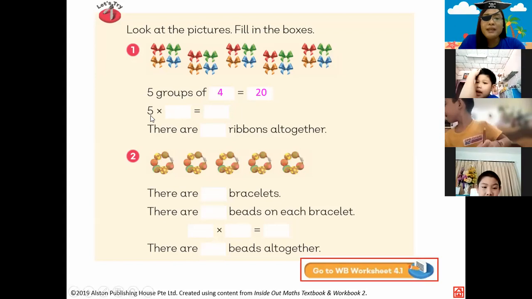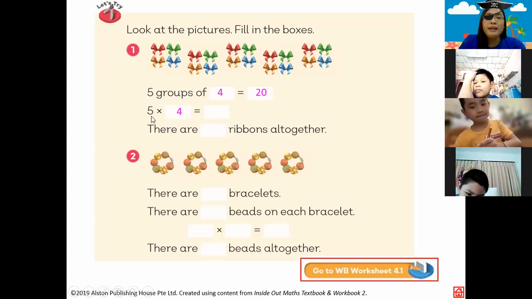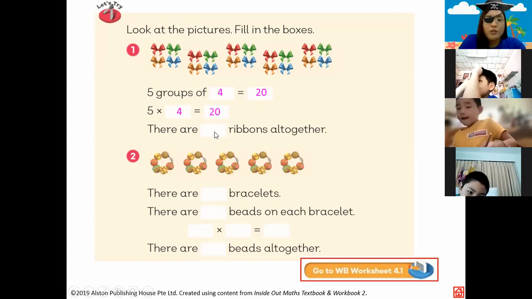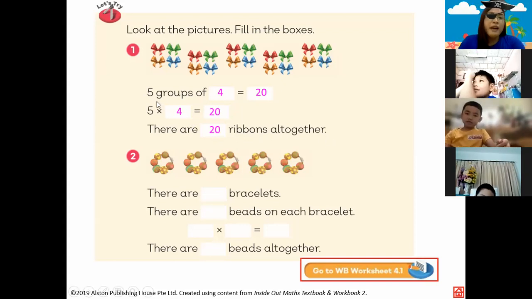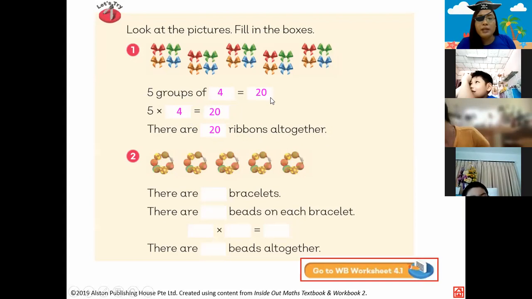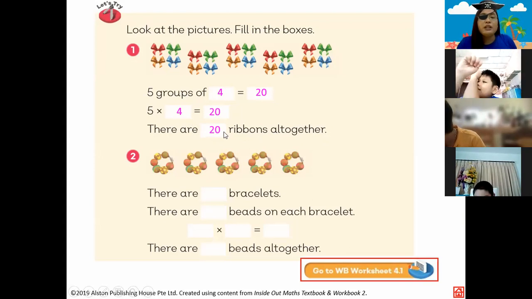So that means 5 multiplied by 4 is equal to 20. So there are 20 ribbons altogether.